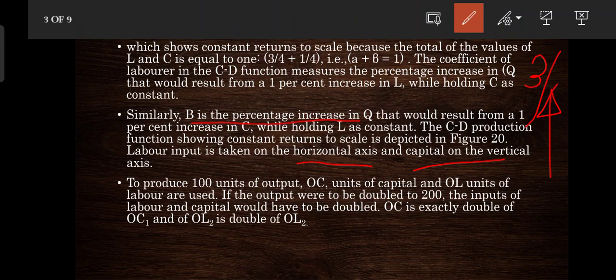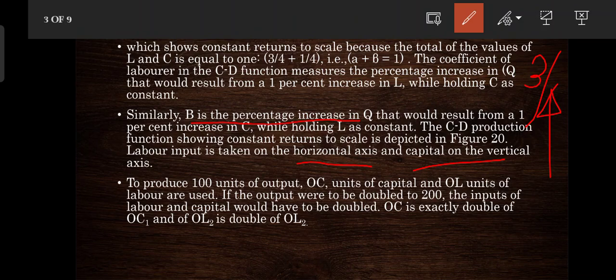That is, labor is on the x-axis and capital is on the y-axis. So in order to produce 100 units of output, OC units of capital and OL units of labor are used. That is, in order to produce 100 units of output, OC capital and OL labor is needed.